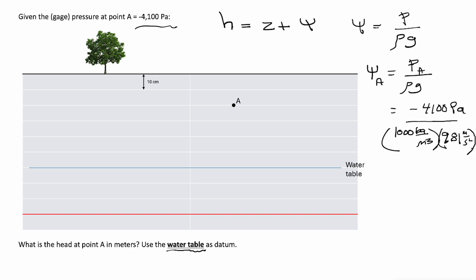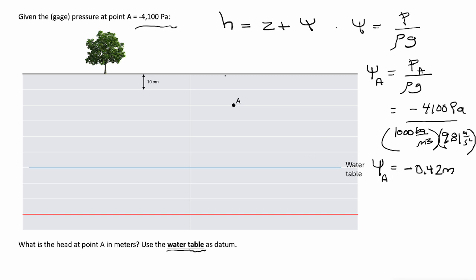That is G. And if I plug that into my calculator, I end up with psi of negative 0.42 meters. That is the psi. Psi at point A, negative 0.42 meters.